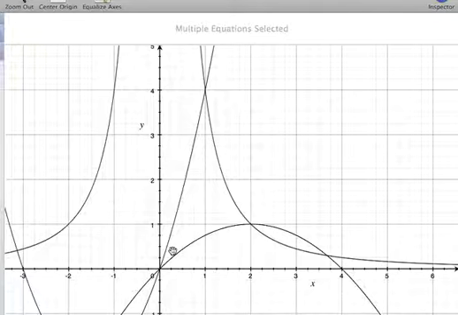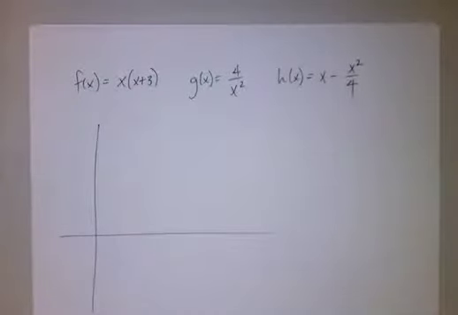Now, here's the thing. I have 3 equations. That is kind of a bizarre looking area right there. And what I need to do is figure out how to break it up. Okay. Well, let's find those points of intersection. Let's make ourselves a rough sketch of that scenario.